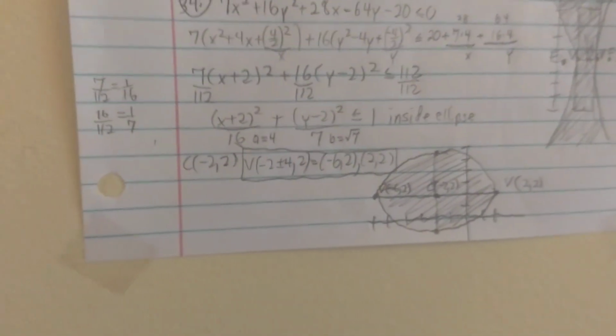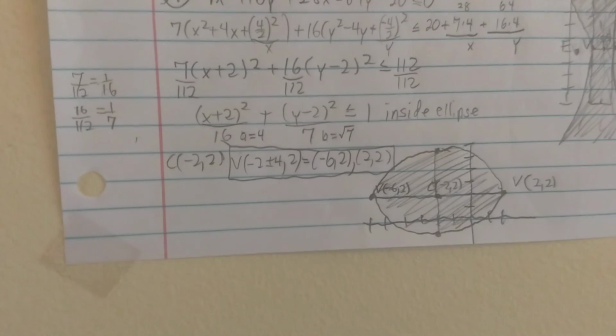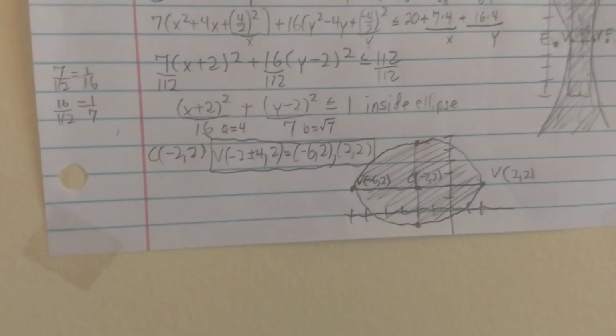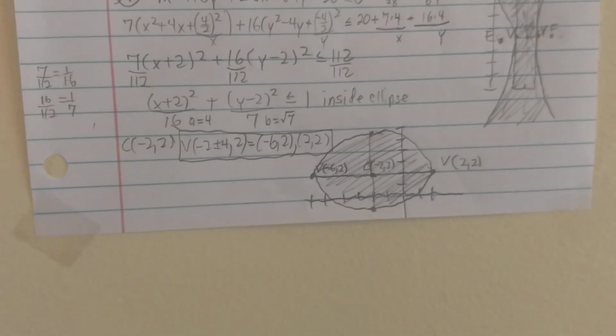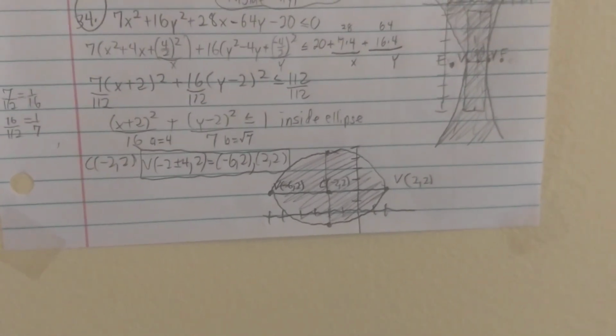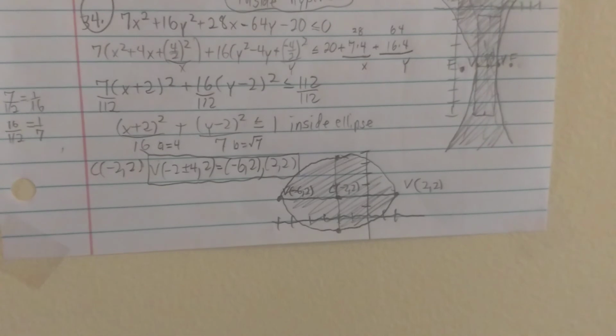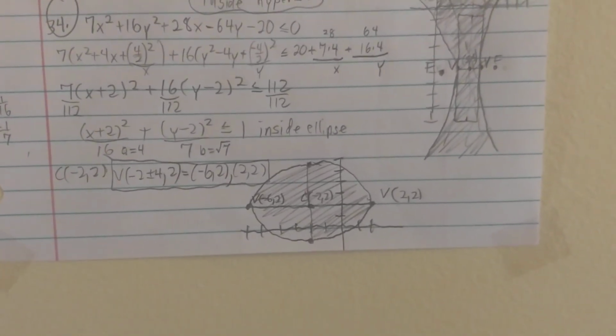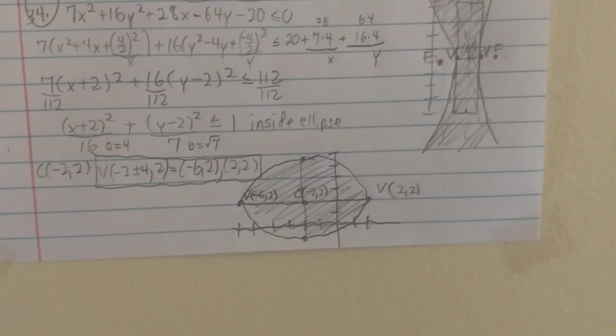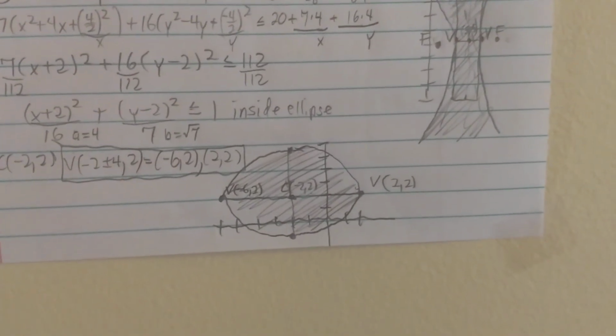And so over on the side here, we can see we're going to divide everything by 112. 7 over 112 is 1 over 16, and 16 over 112 is 1 over 7. So we end up with (x plus 2) squared over 16 plus (y minus 2) squared over 7 less than or equal to 1. This puts us inside the ellipse.